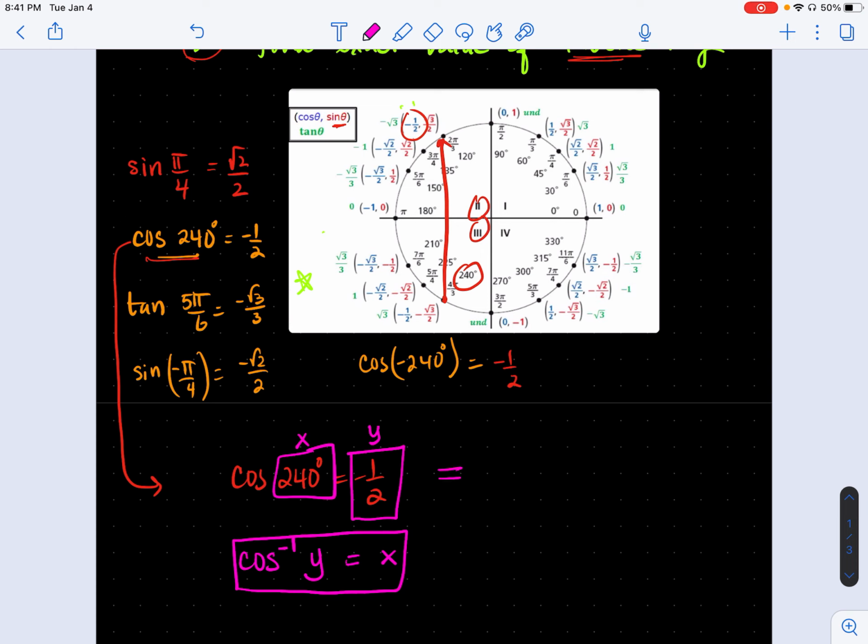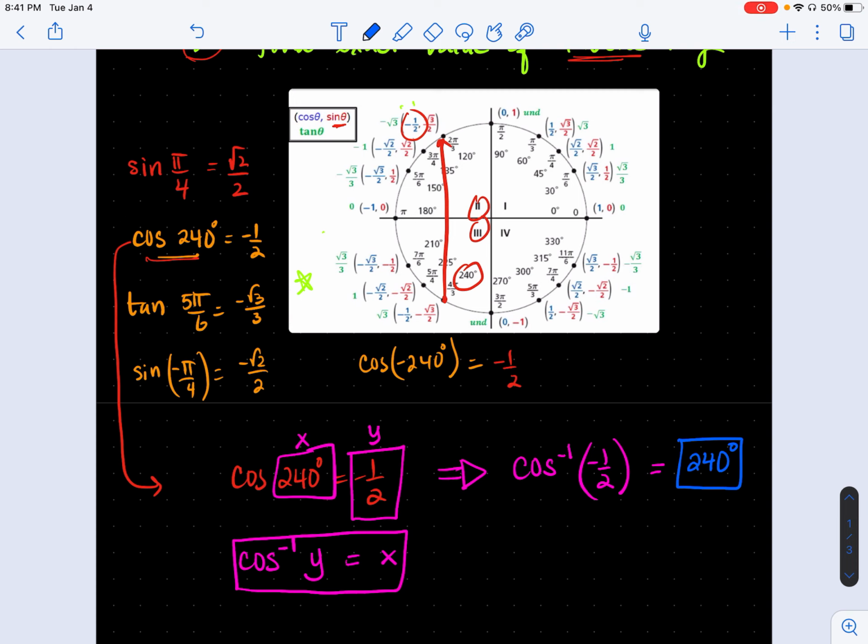So if I were to write this function as an inverse question, I would write cosine inverse negative half, and I'm looking for an answer, which means for what value, for what angle does the cosine equal negative half? And the answer here will be 240 degrees, where x and y swap signs.